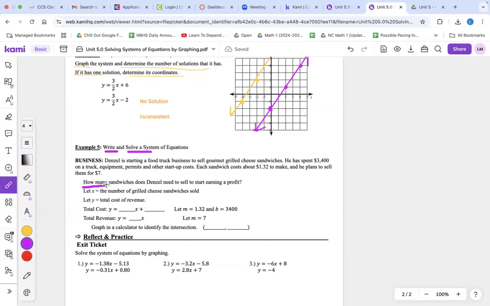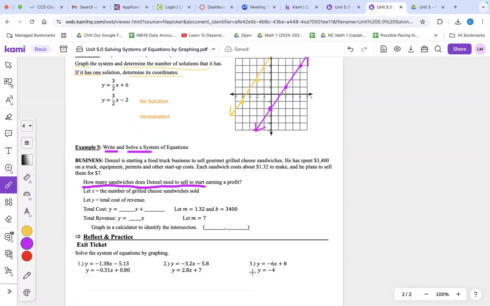That is the question. And to earn a profit, that means he needs to get past 3,400. So X is the number of grilled cheese sandwiches sold, and let Y be the total cost or revenue. This one is about costs, and M equals 1.32, B equals 3,400, and let M equal 7 for revenue.